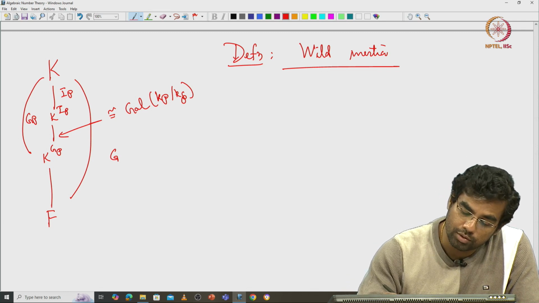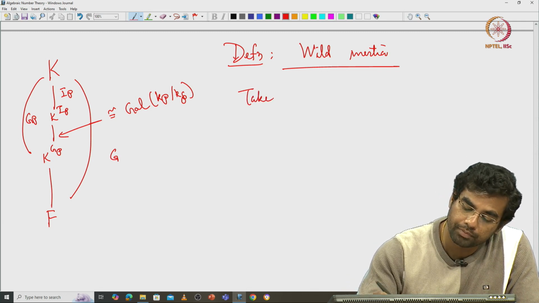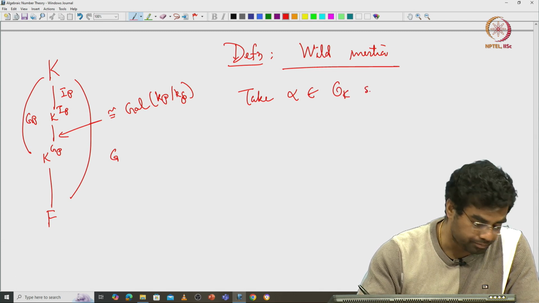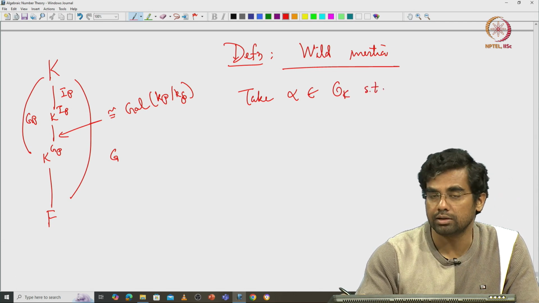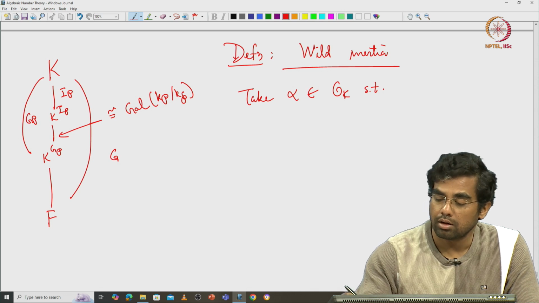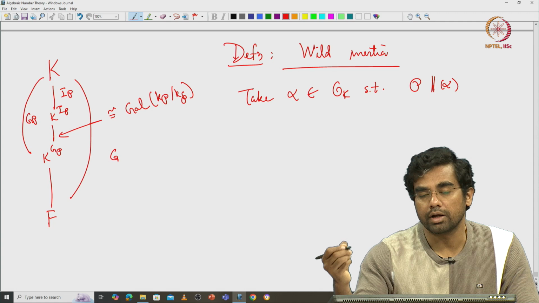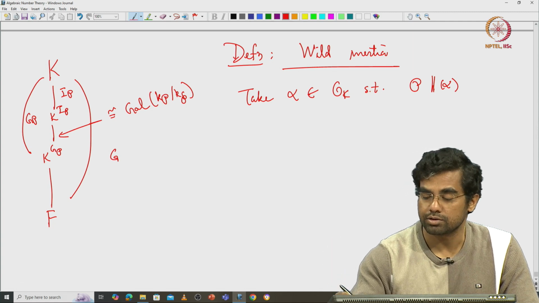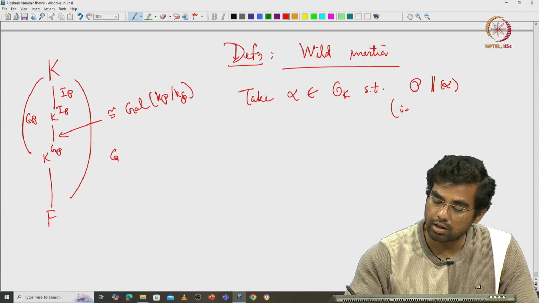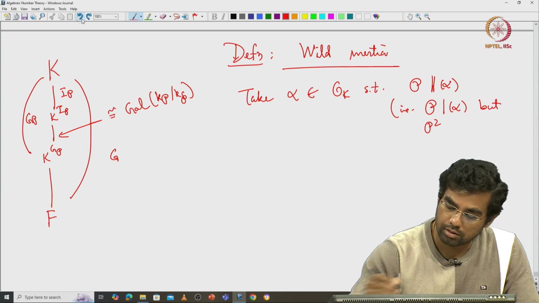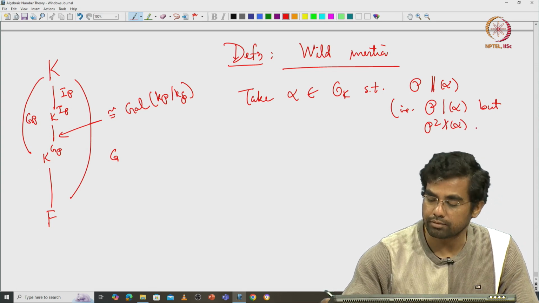I am going to take alpha in O_K such that P is the exact power dividing the ideal generated by alpha. This means that P divides alpha, but P squared does not divide alpha.